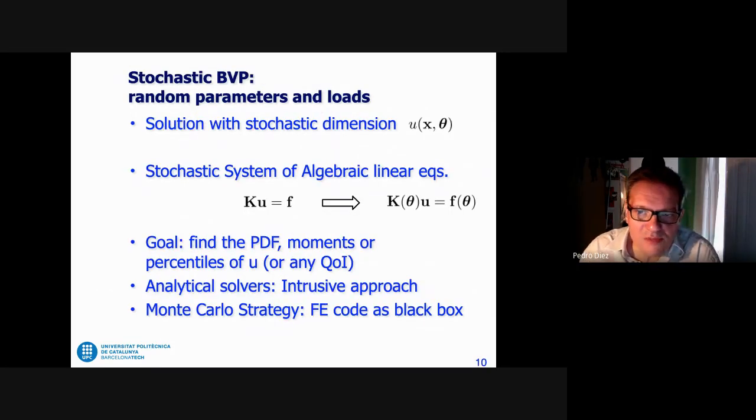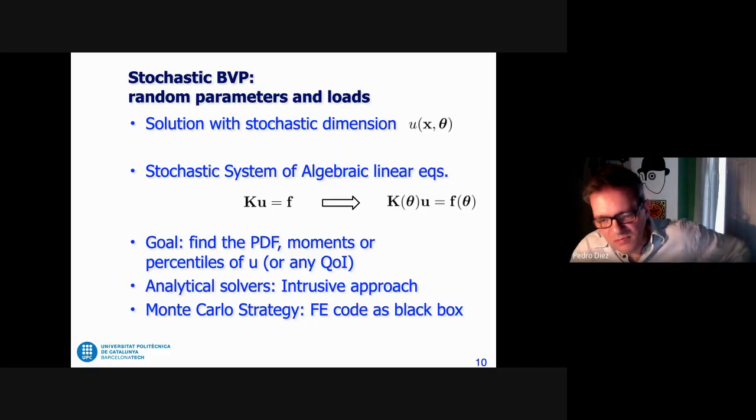How does it become stochastic? As we said before, many input parameters of the problem may be stochastic. That means the resulting solution U depends on every point in the space X, but also on some stochastic dimension theta.